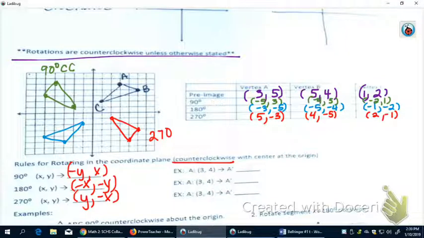So I'm going to draw 3/4 on my paper. So there's 3/4. And this goes with, the first one goes with 90, the second one goes with 180, and the third one goes with 270. Okay, so if I take that point and I go counterclockwise, what's my new point?